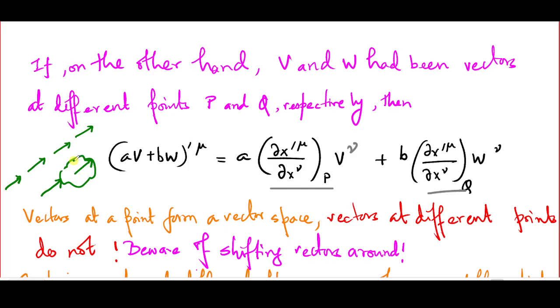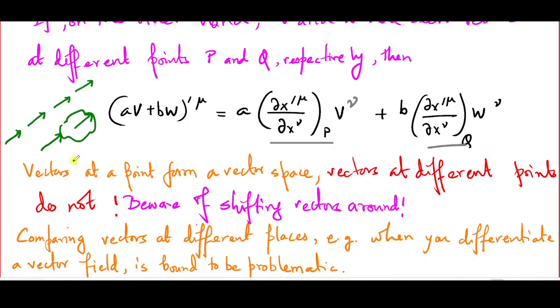Rather, you should get used to treating a vector as something which is stuck to a given point. Actually, this is something we should have learned in physics as well. It's just that in elementary physics, we often talk of applications where this doesn't really make much of a difference, and so we have been blissfully unaware of the troubles which we can face if we were to do this.